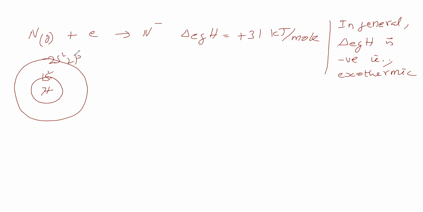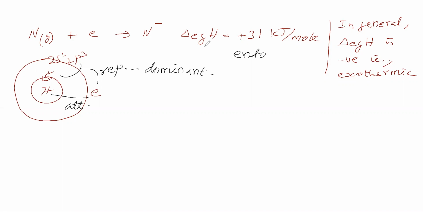Between the nucleus and the incoming electron, attraction is possible. Between the electron cloud and the incoming electron, repulsion is possible. What is the dominating factor such that electron gain enthalpy is endothermic? We can say repulsion is the dominant factor. Therefore, electron gain enthalpy is endothermic.